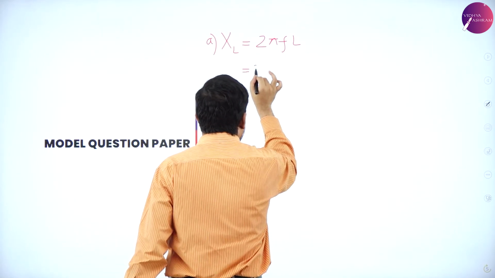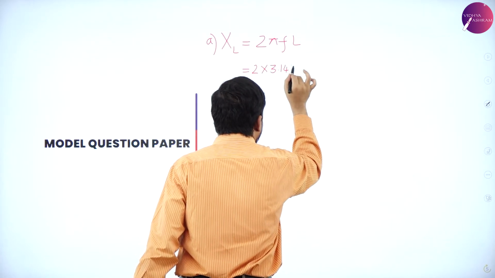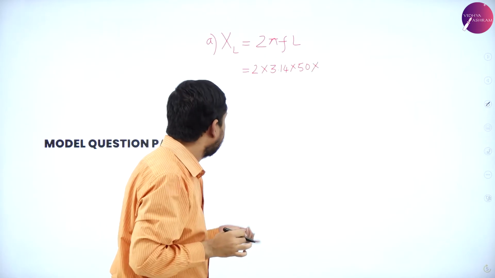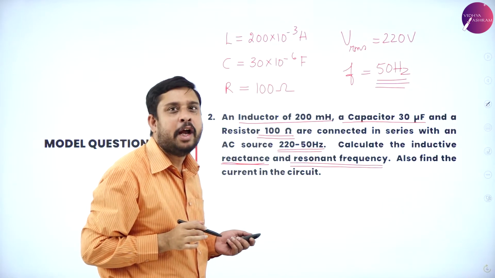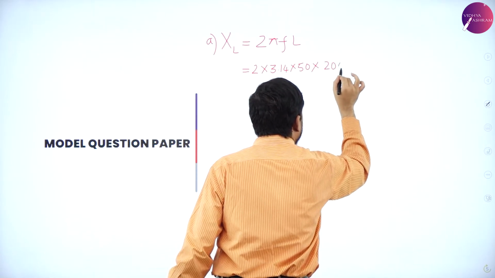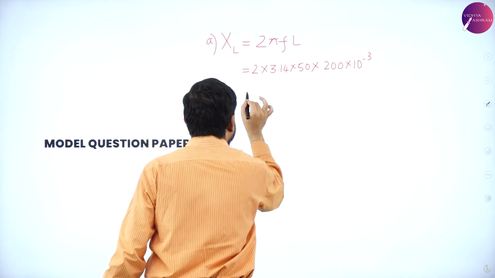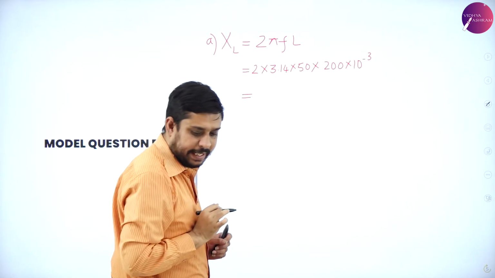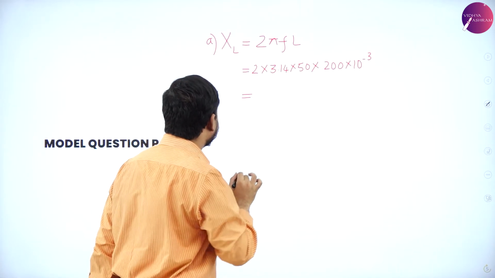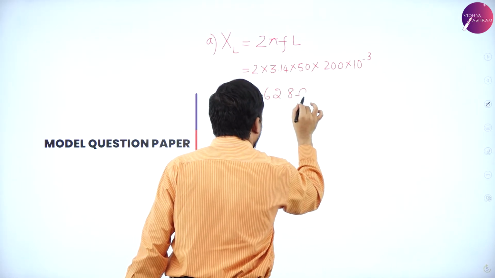So this is 2 into 3.14, frequency was 50, inductance 200 millihenry, so 200 into 10 power minus 3, which means this turns out to be 62.8 ohms.